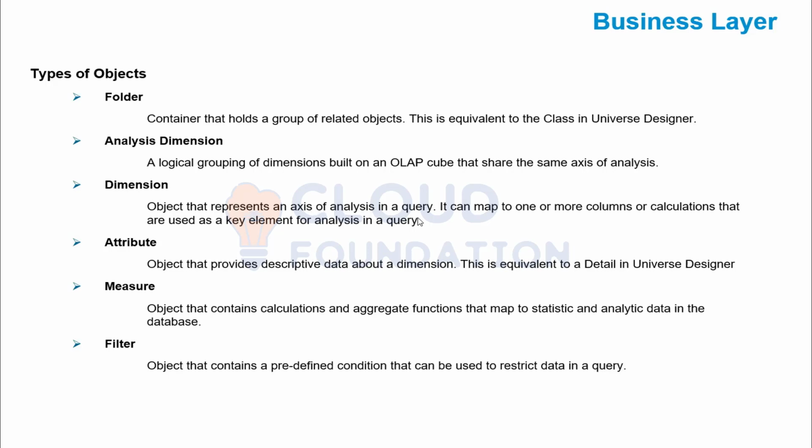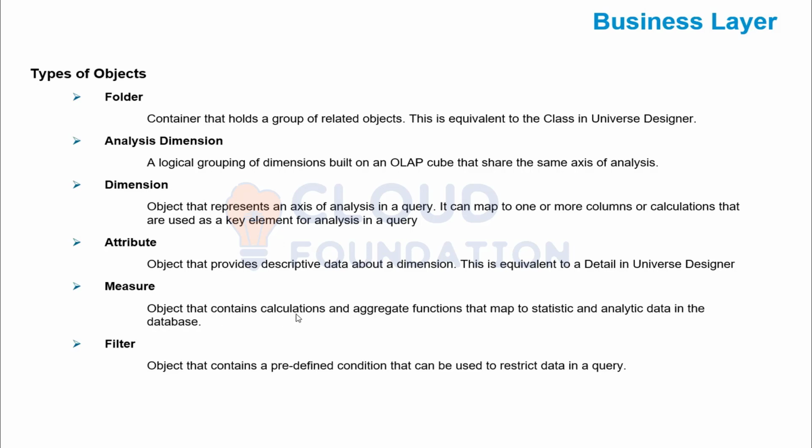If we are analyzing sales revenue, we need to have some perspective, in which perspective we are analyzing. Are we doing a region wise sales analysis or a product wise sales analysis? So here region and product come under dimensions, and sales is a measure.